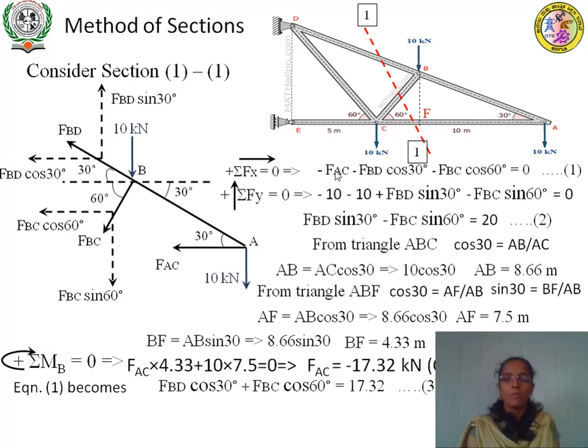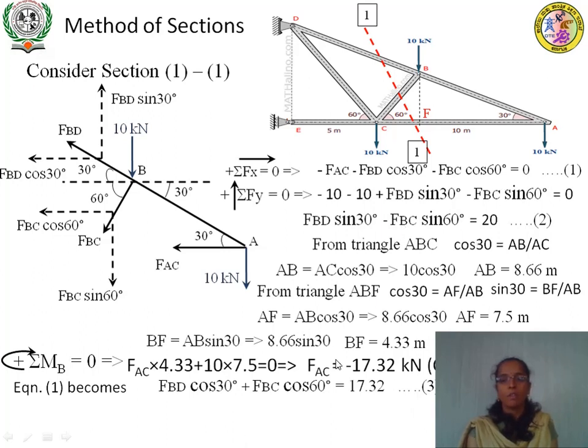So plus 17.32 minus FBD cos 30 minus FBC cos 60 is equal to 0. If you take this 17.32 outside, it will be minus FBD cos 30 minus FBC cos 60 is equal to minus 17.32. Therefore it is written in positive terms: FBD cos 30 plus FBC cos 60 is equal to 17.32. This is equation 3. So now we have two unknowns and two simultaneous equations.